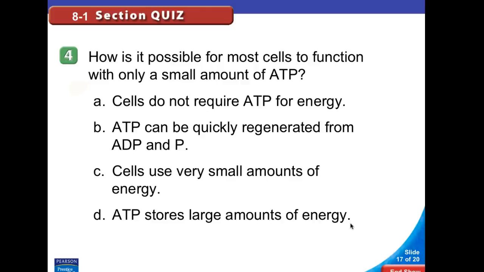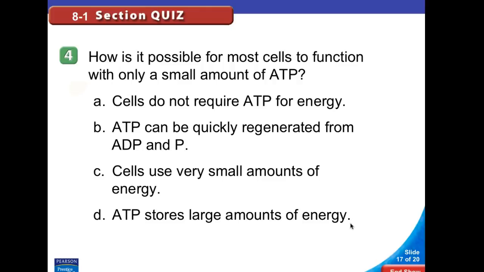How is it possible for most cells to function with only a small amount of ATP? A, cells do not require ATP for energy. B, ATP can be quickly regenerated from ADP plus P. C, cells use very small amounts of energy. D, ATP stores large amounts of energy.